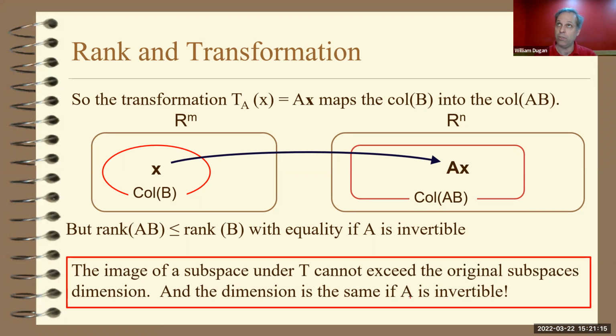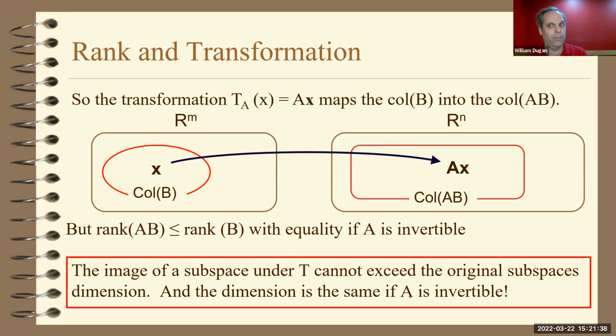So if you have a subspace whose dimension is 2, and you apply some linear transformation to every vector in that space, it will correspond to a new column space, and that dimension is never any larger than the original dimension. You might say, well, that seems reasonable, but this is a proof of why it's true.